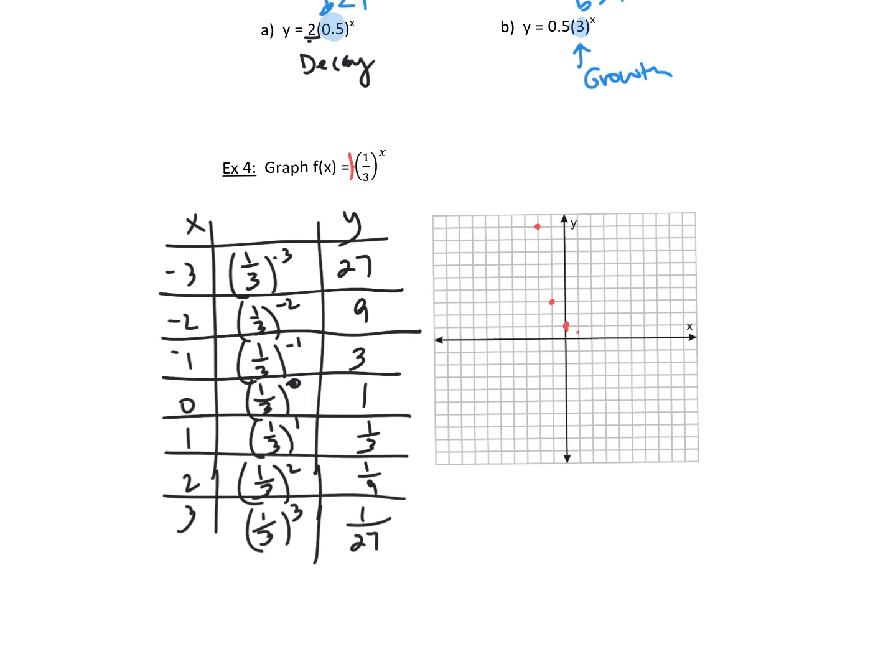And so these are the values that get closer and closer to the x-axis. So I'm starting out up high and continuing with the curve approaching the x-axis, approaching 0, but never reaching it, which we'll take a look at on the graphing calculator also, why that happens. So I'm going to label y equals 1/3 to the x power.